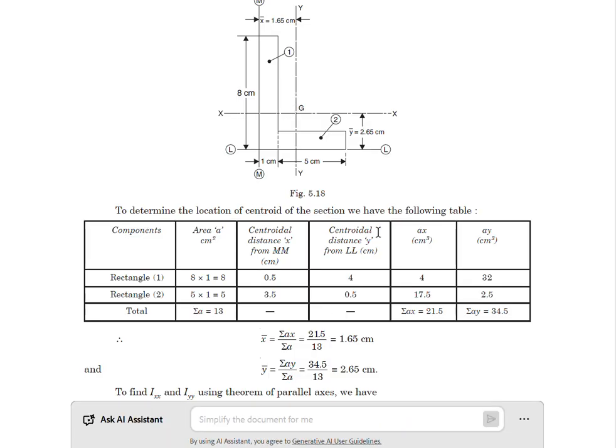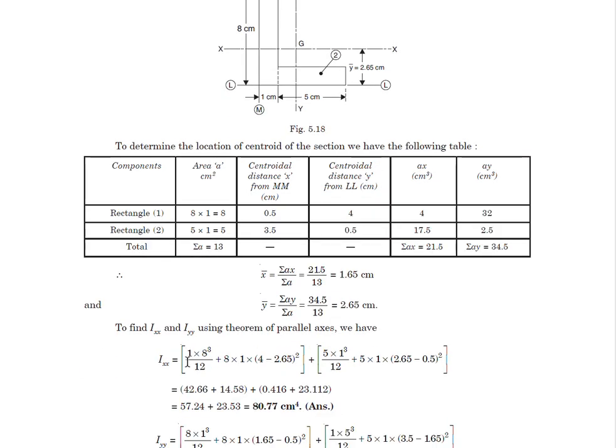So we can apply the parallel axis theorem here. That means the moment of inertia of this rectangle 1 plus the area into the distance square: 8 into 1 into (4 minus 2.65) whole square, because the distance y of this CG from the line LL is 2.65.